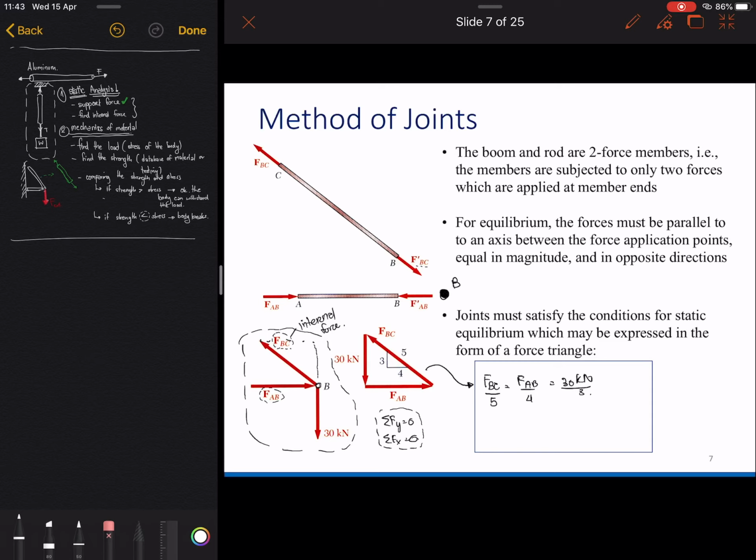And from this we know that FAB equals 40 kilonewtons, and FBC is equal to 50 kilonewtons. Okay, so we have those two as our internal forces.